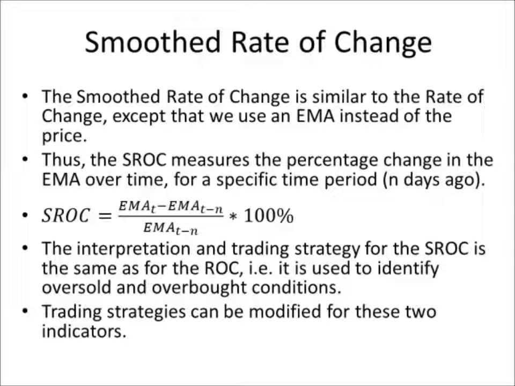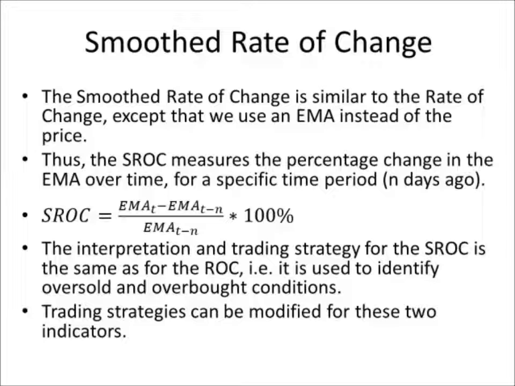Thus, the smooth rate of change measures the percentage change in the EMA over time for a specified time period, or n days. So SROC equals EMA(t) minus EMA(t-n) divided by EMA(t-n) times 100%.